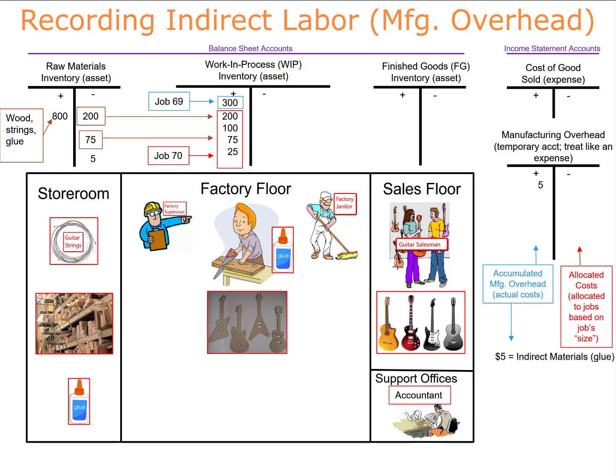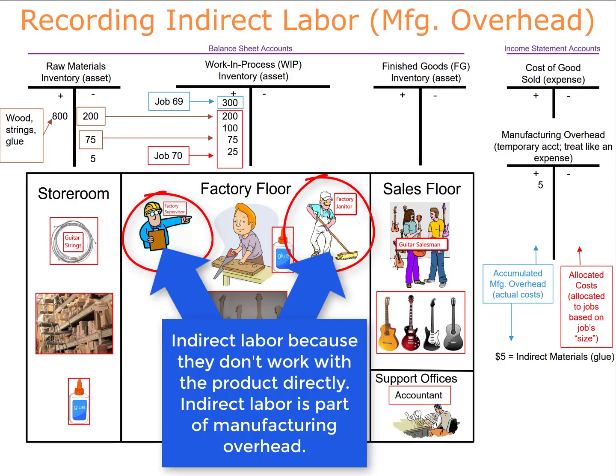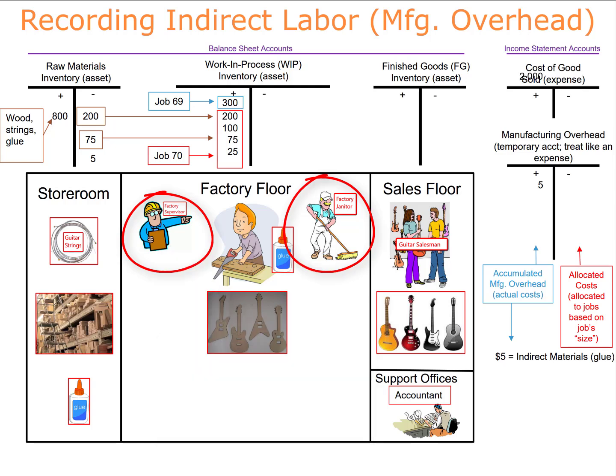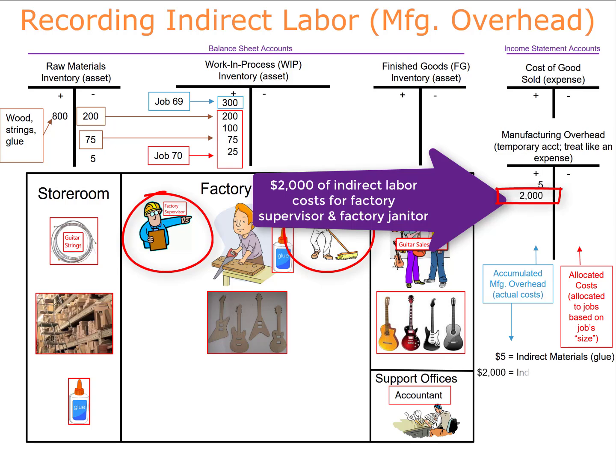Now it's time to record the salaries of the factory supervisor and factory janitor. These costs are classified as indirect labor, which is part of manufacturing overhead. Let's say the combined salaries of the factory supervisor and factory janitor was $2,000. Since indirect labor is part of manufacturing overhead, we would debit manufacturing overhead $2,000 to accumulate actual overhead costs.